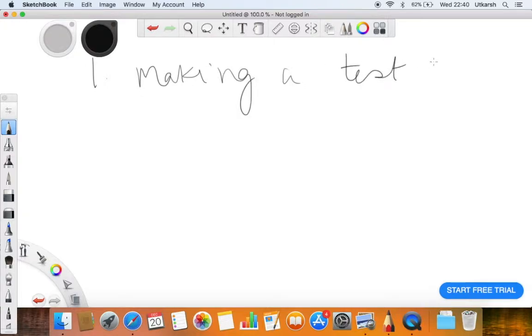All right. So there are three steps to solving a legal reasoning question. The first step is making a test from the principle.